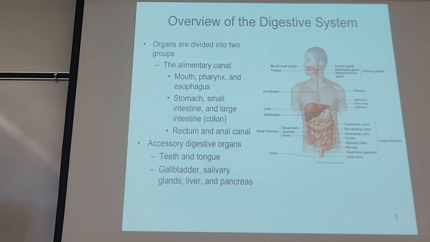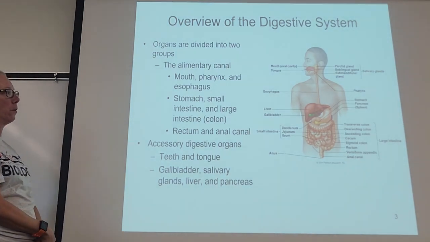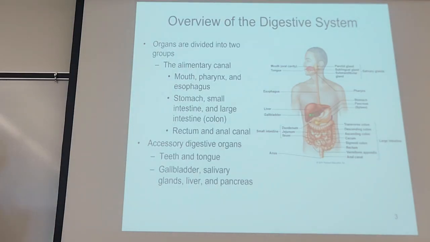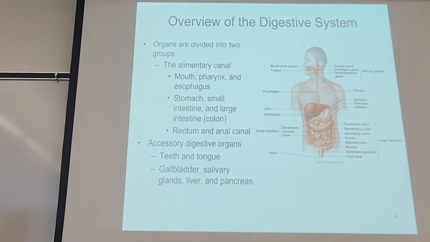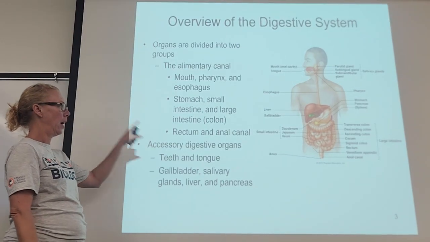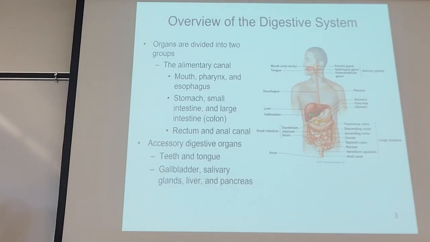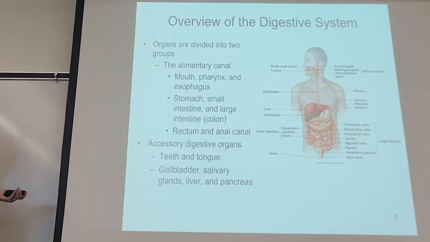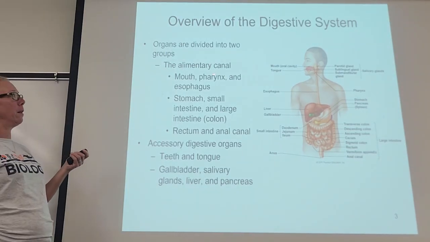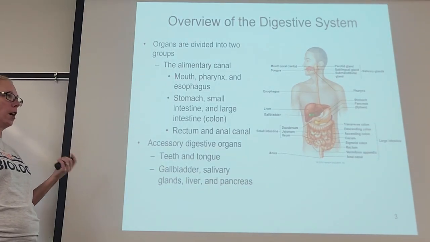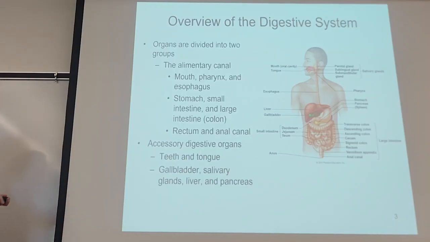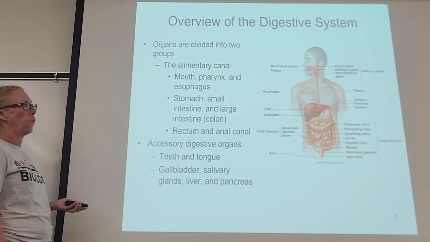All right, so when we're talking about the digestive system, similar to other body systems that we've talked about, we have main organs and then we have accessory organs. So I think of the accessory organs here as organs that are not part of the main tube, but they contribute, okay? So part of the main tube, the alimentary canal, is the same thing as your GI tract, your gastrointestinal tract, your digestive tract, it's all the same, okay?